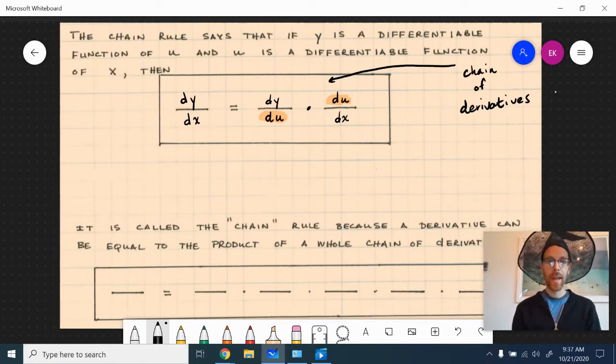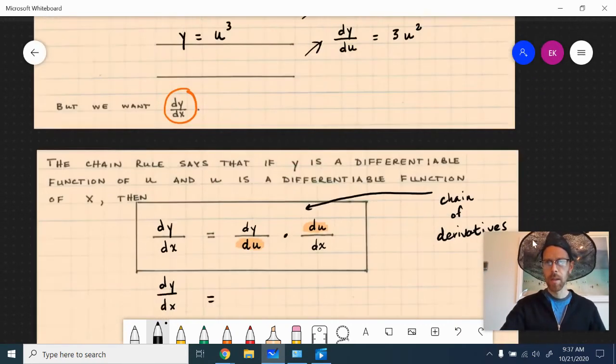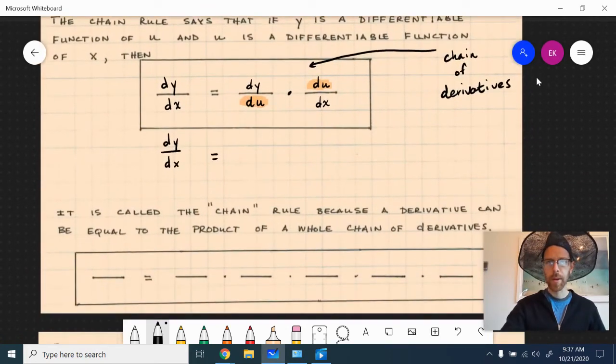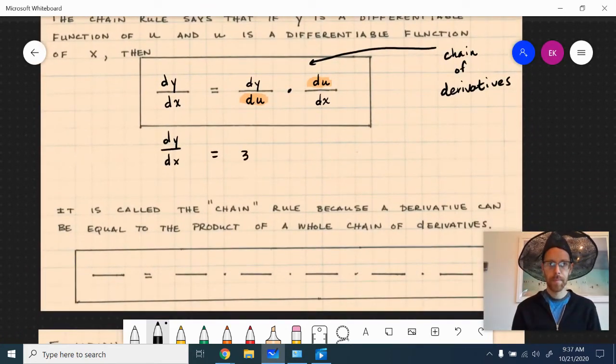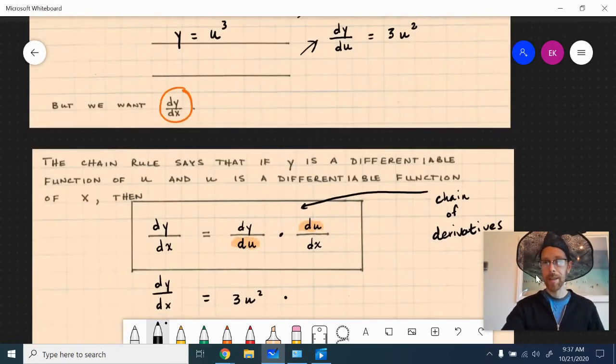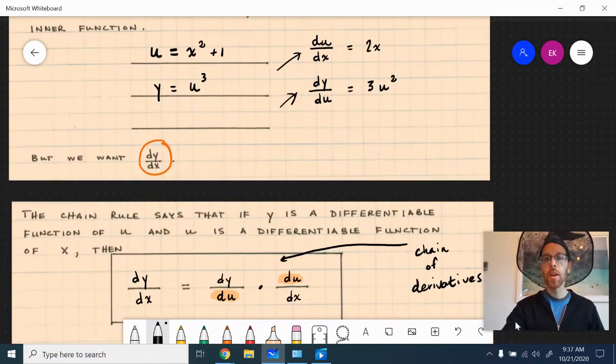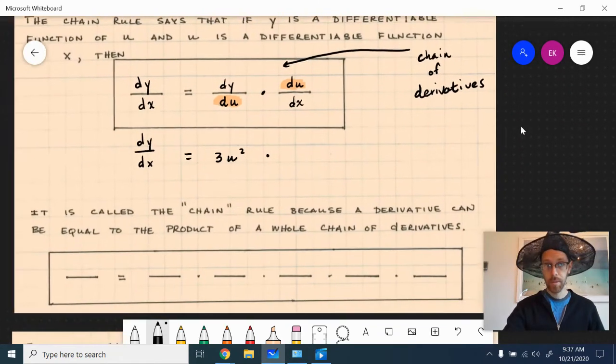Now we're saying that the derivative we want, dy dx, will be equal to taking dy du. Let's see, what was that equal to? That was 3u squared. And multiplying it by the derivative of u with respect to x, which was 2x.